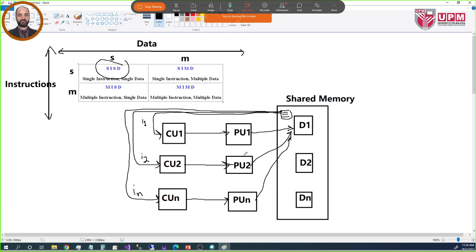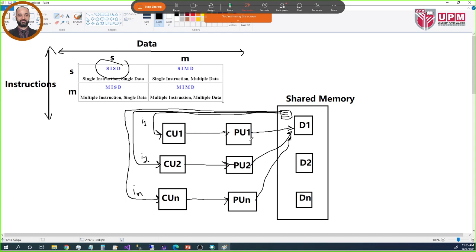So processing unit 2 may wait for processing unit 1 to finish. Then after that, maybe 3 is waiting for 2, 4 may be waiting for 1 and 5, maybe n is waiting for them all to finish. Similar to the example that I explained yesterday in our first class. I hope that you still remember that.